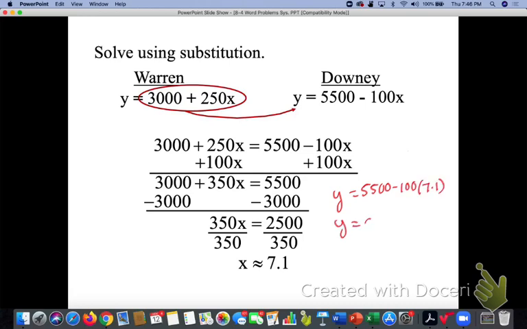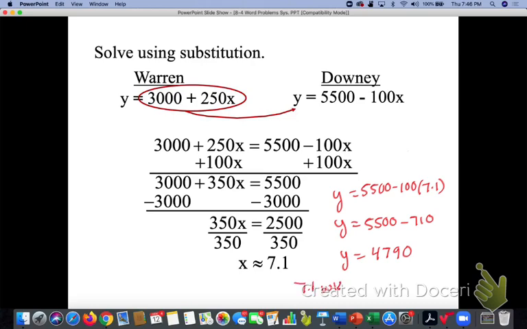Y equals 5,500 minus 710. Y is equal to 4,790.